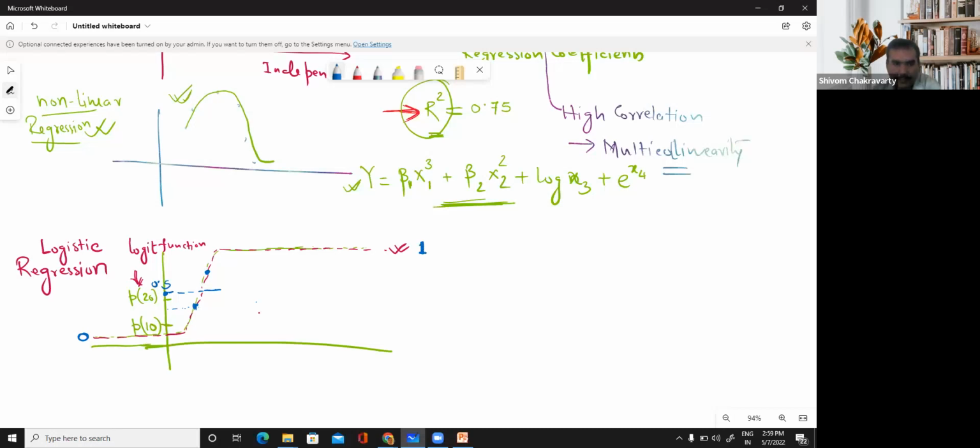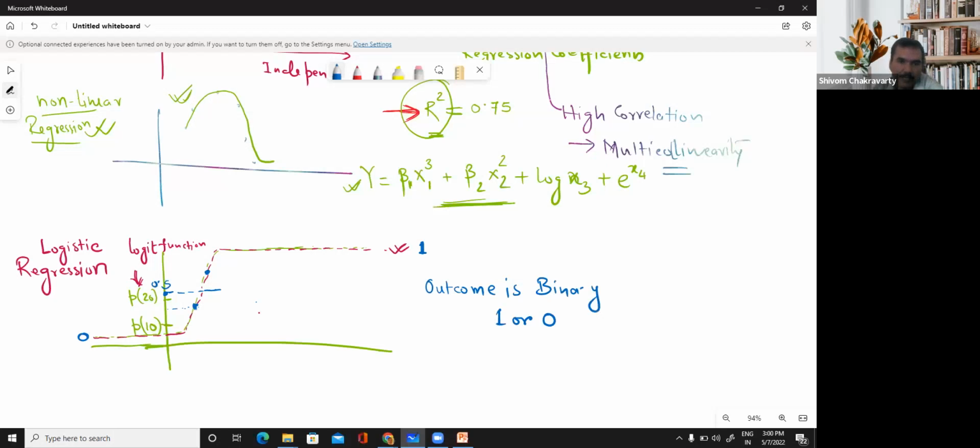So in logistic regression, the outcome is binary, 1 or 0.